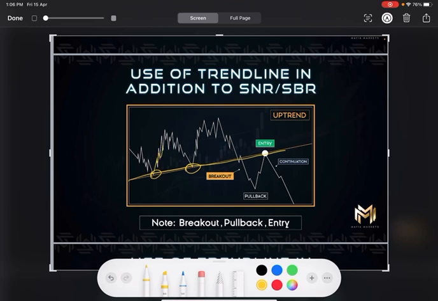Therefore, we can see the price respected the trend line twice, and then it broke the structure. When there is a breakout, what do we do? What do we do, guys? We anticipate a pullback. Pullback comes in waves to the area of your trend line, and then you look for entry and continuation of the trend.